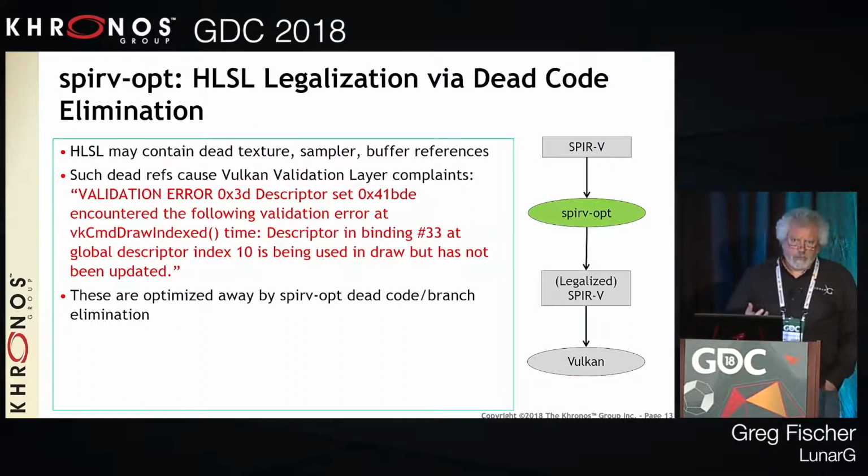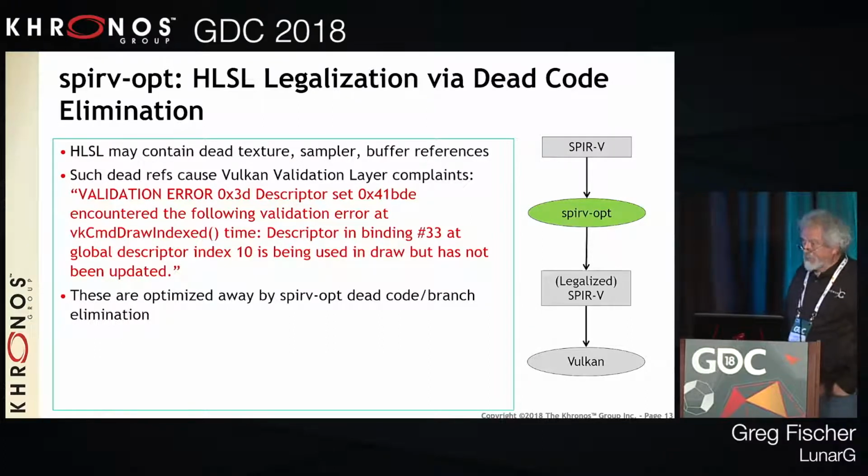In these shaders, we had dead references to textures, samplers, and/or buffers, and the calling application knew that these were dead, and so they weren't binding these objects. However, the validation layer would throw an error. It would say you have references to these objects, but they're not bound by the outer application.